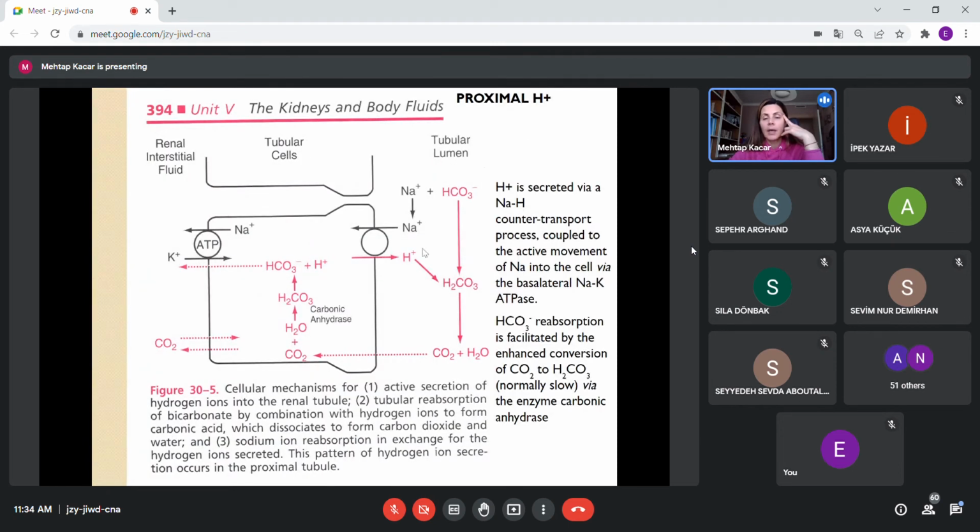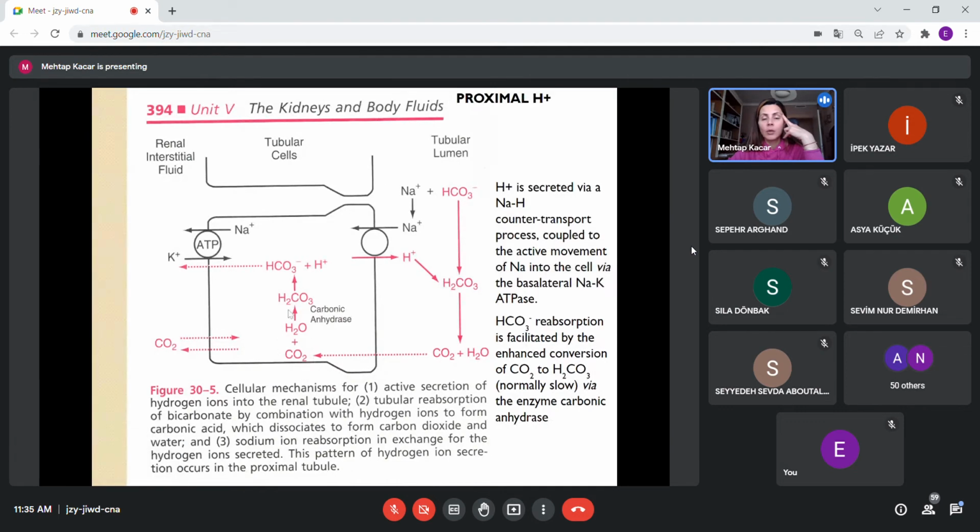You can see here again the secretion process. Carbonic acid generates inside the tubule lumen and dissociates into water and carbon dioxide. Carbon dioxide enters the cell and we use water for the reaction.